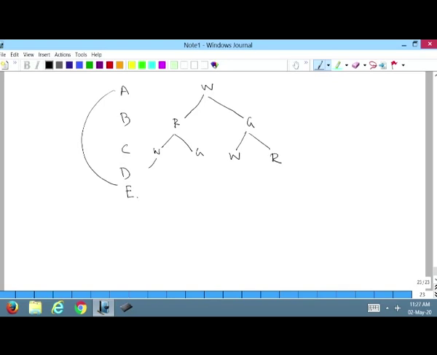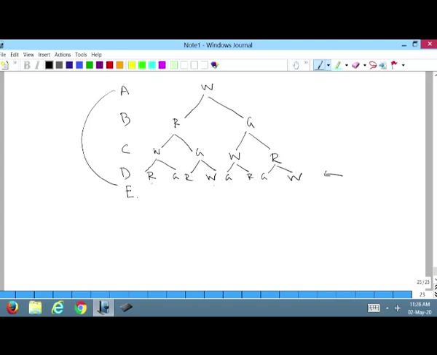Therefore, D can get red and green, or red and white, or green and red, or green and white. Now, at this position, we have 8 different possibilities.